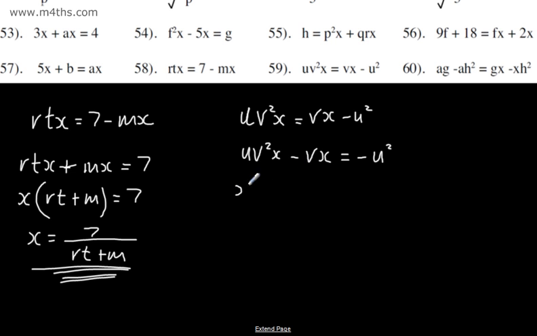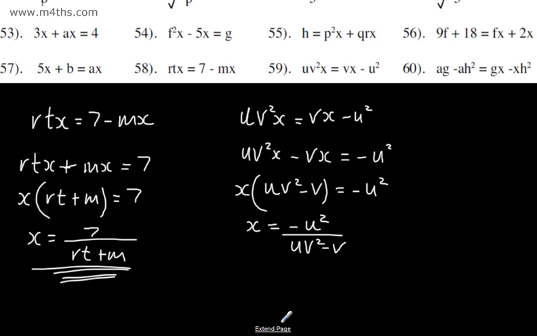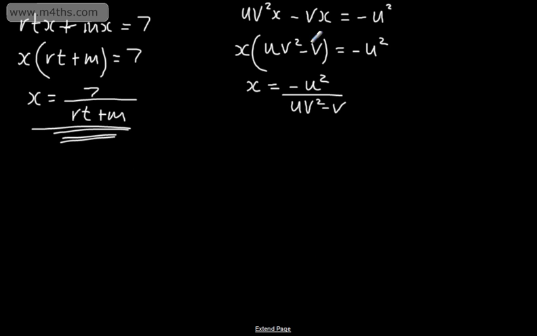Factoring the x, we can write x times uv squared minus v will be equal to negative u squared. So at this stage we can divide both sides now, so we're going to have negative u squared over uv squared minus v. Now what you could have said is, well, we can take a v out here as well, and you could.